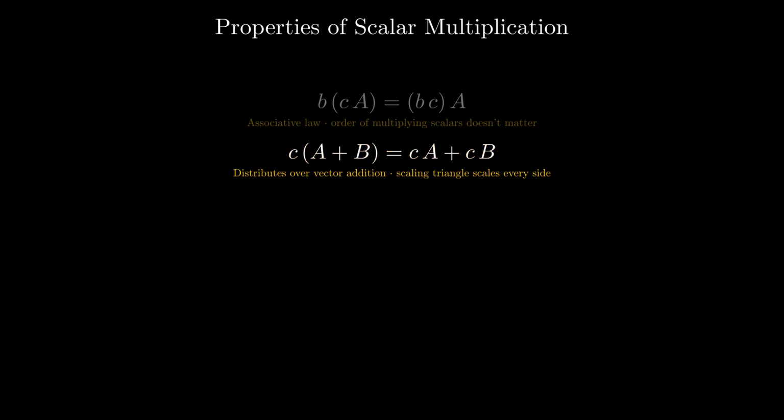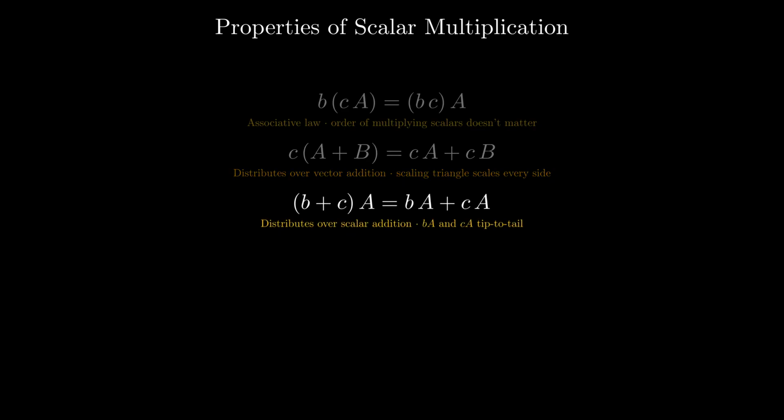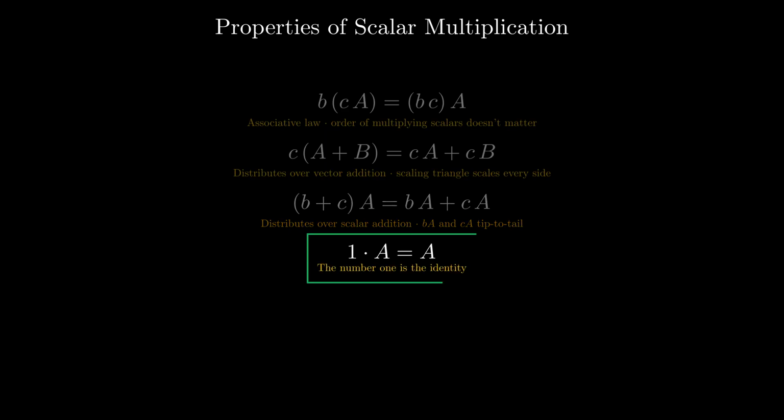Geometrically, scaling the triangle formed by A, B, and their sum by the factor c scales every side, including the resultant, by c. Third, a distributive law over scalar addition. The quantity b plus c, times A, equals bA plus cA. Laying bA and cA tip to tail along the same direction gives a total length of b plus c times the magnitude of A. Fourth, the number 1 is the identity. 1 times A equals A.